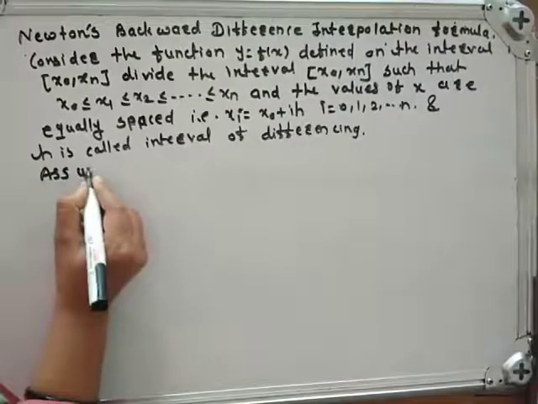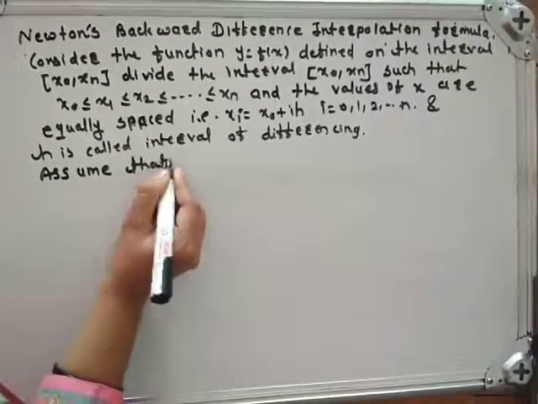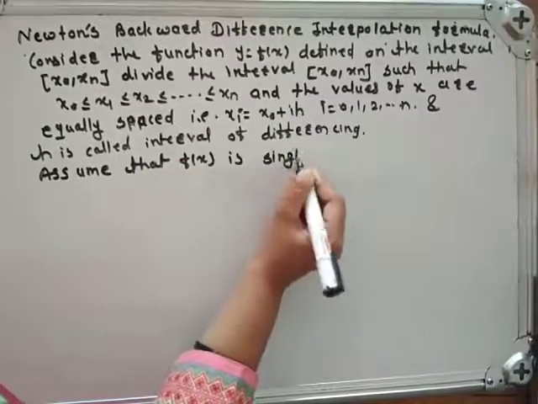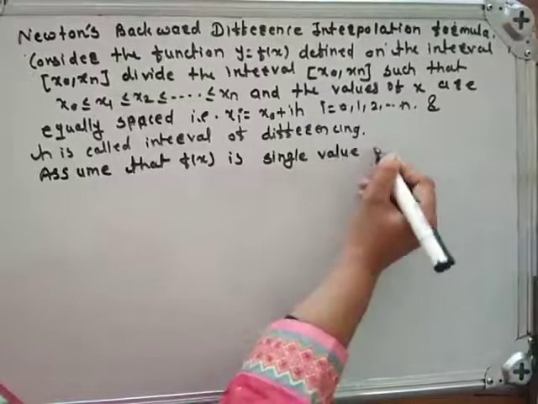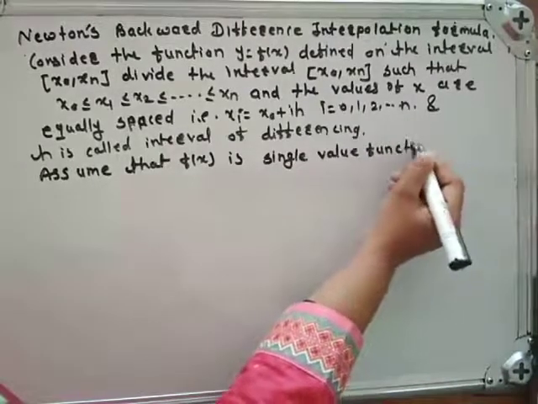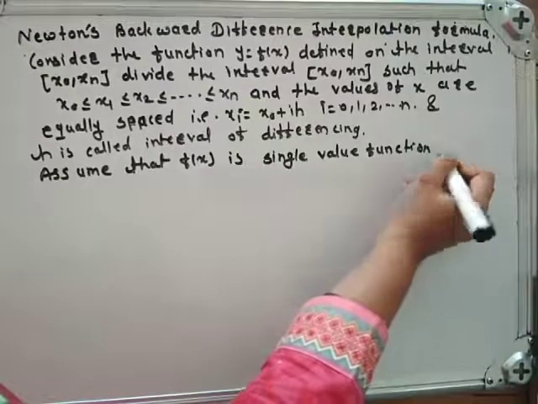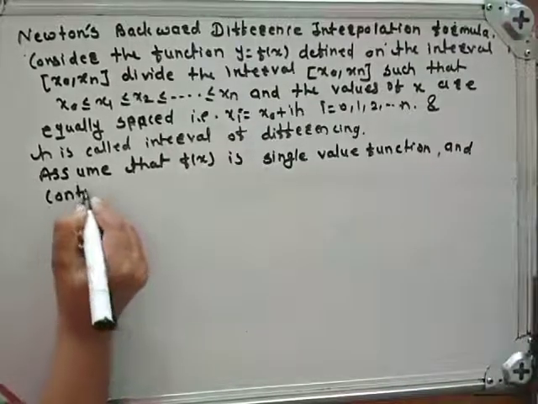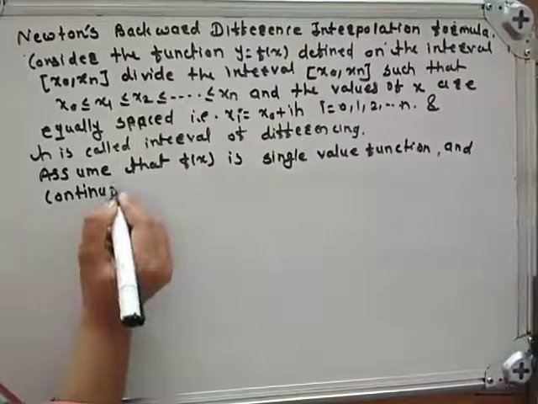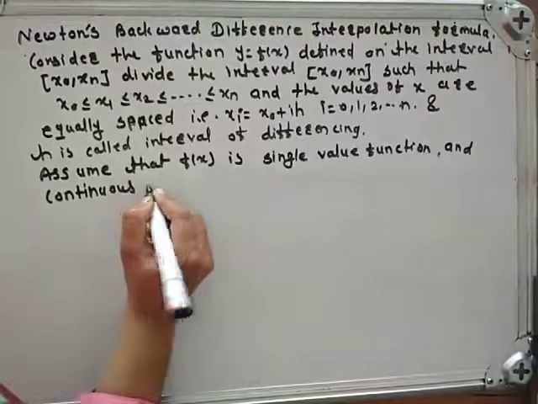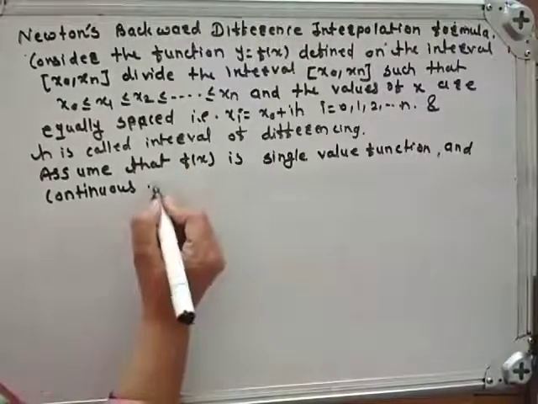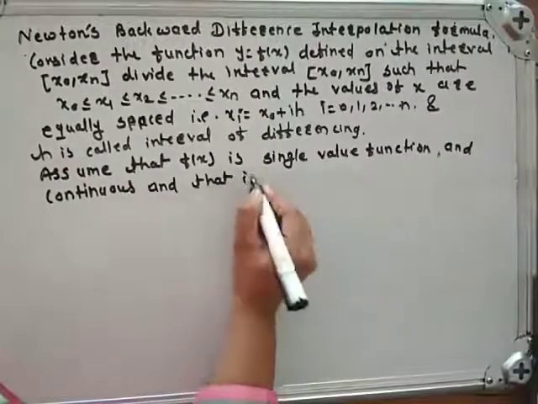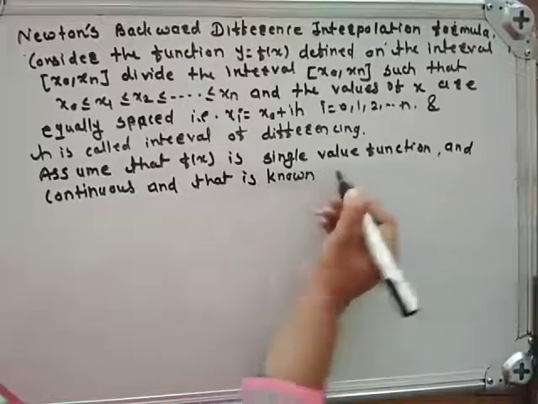Assume that f(x) is a single valued function and continuous and is known explicitly.